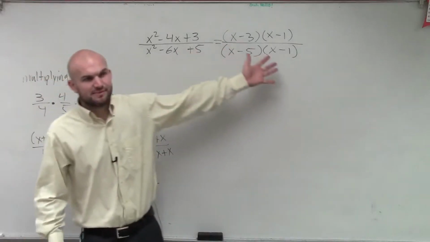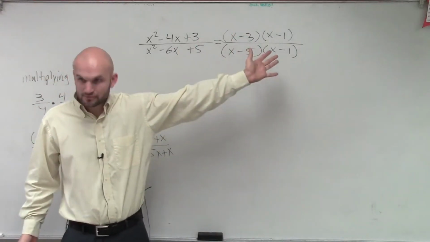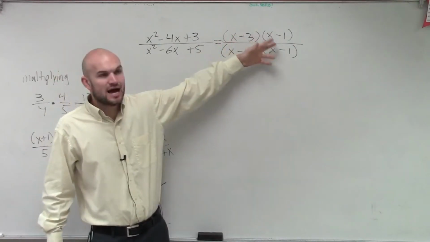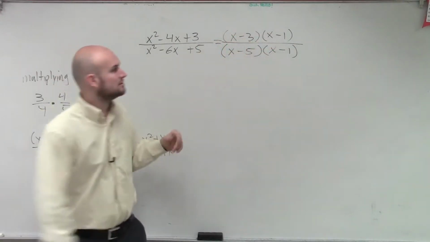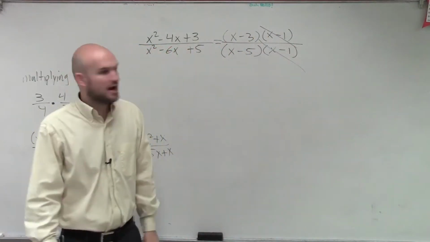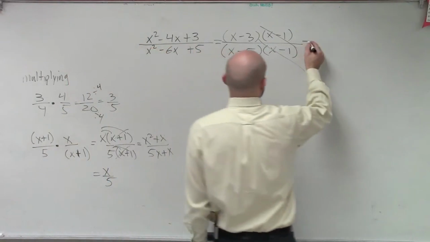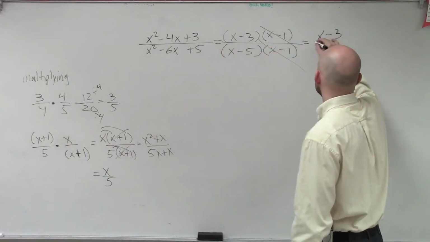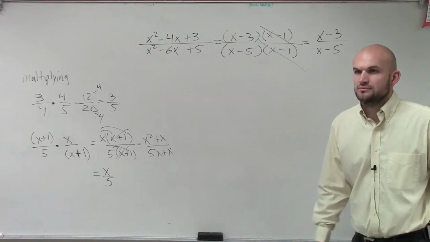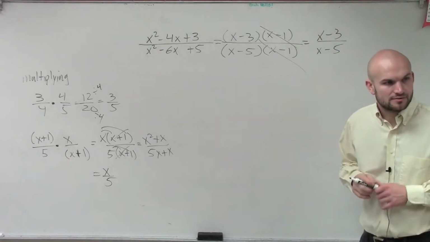Same thing, just one is in factored form and one is not, right? But now that we have this factored out, do you see how I can simplify this? x minus 1 divided by x minus 1 is just 1, right? So therefore, you're left with x minus 3 over x minus 5. And there you go, that's your simplified answer.